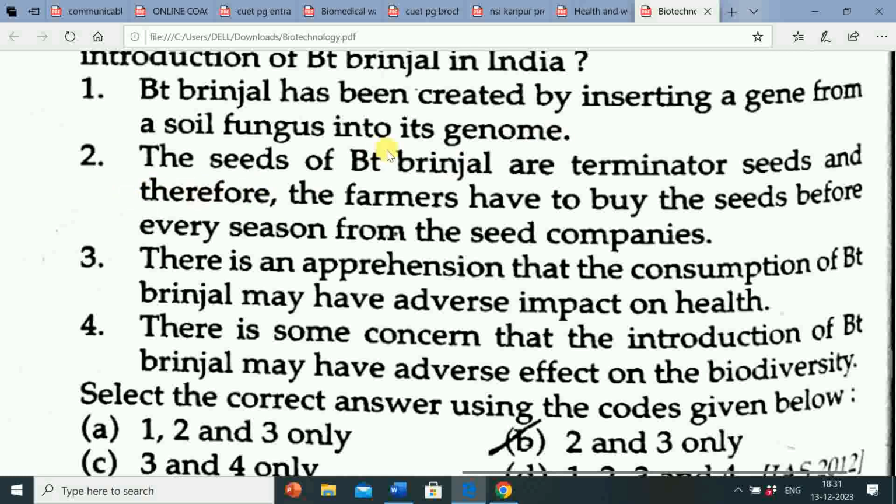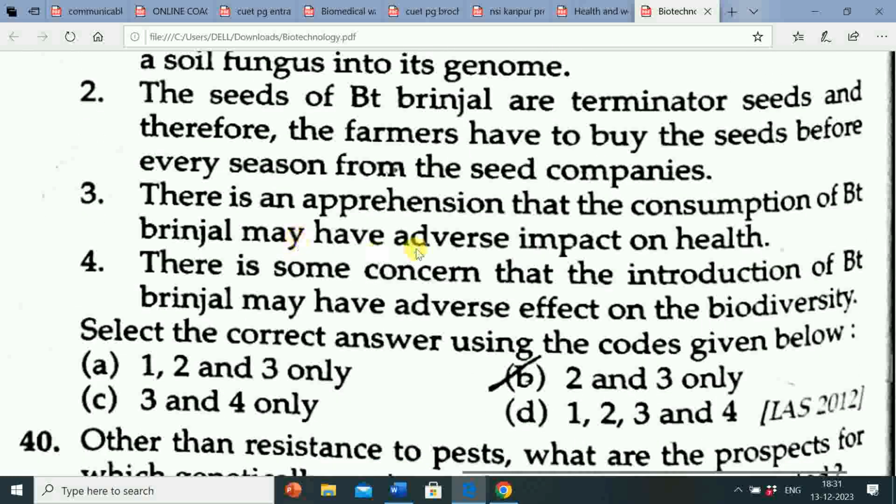Second statement, the seeds of BT brinjal are terminator seeds and therefore the farmers have to buy the seeds before every season from the seed companies. Third statement, there is an apprehension that the consumption of BT brinjal may have adverse impact on health. Fourth statement, there is some concern that the introduction of BT brinjal may have adverse effect on the biodiversity.